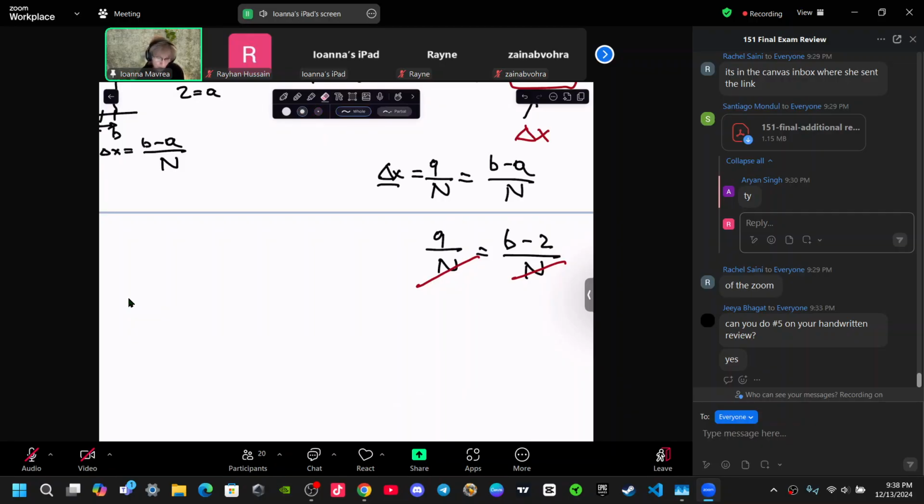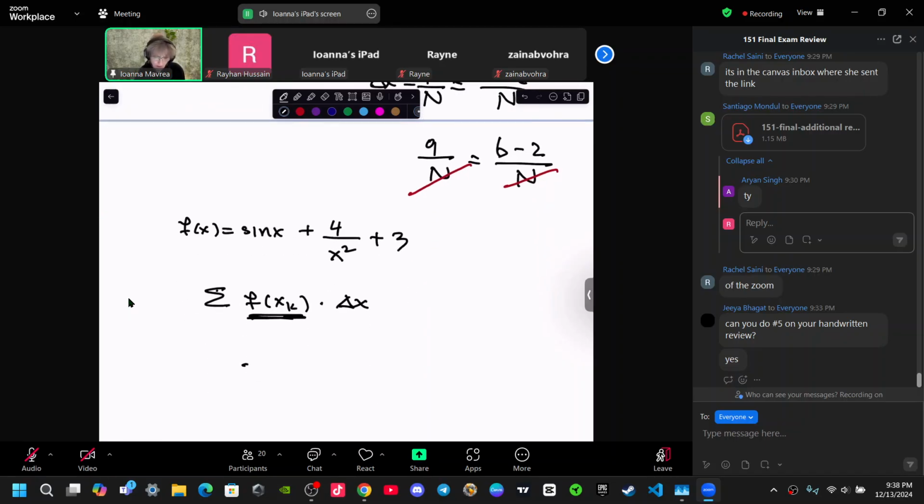So if your f was this function, sine x plus 4 over x squared plus 3, then inside this formula you're going to see something that looks like sine, and again, your a starts at, let's say, 2.